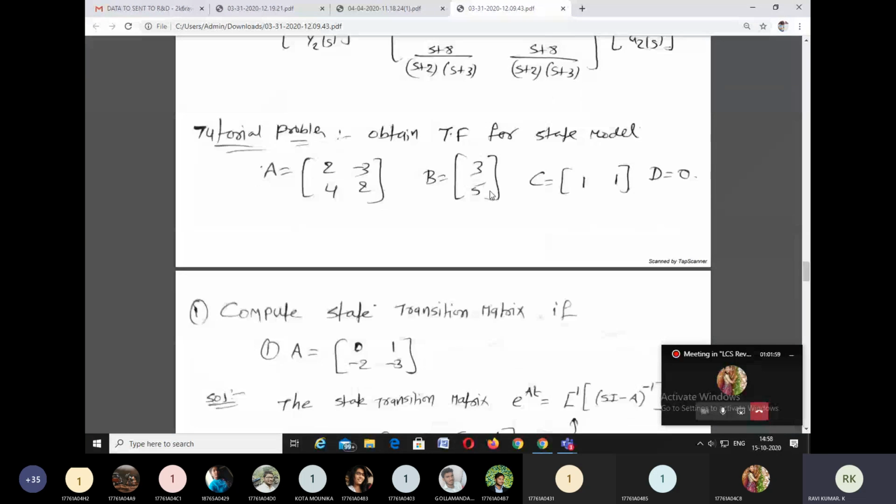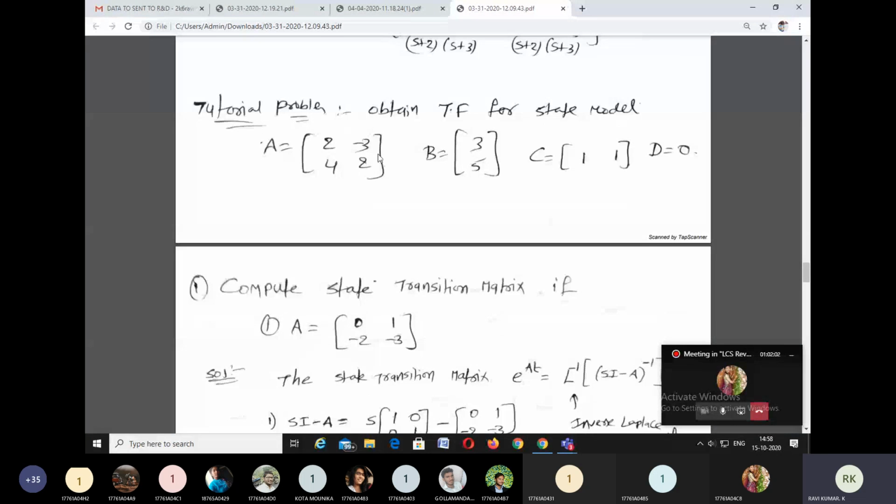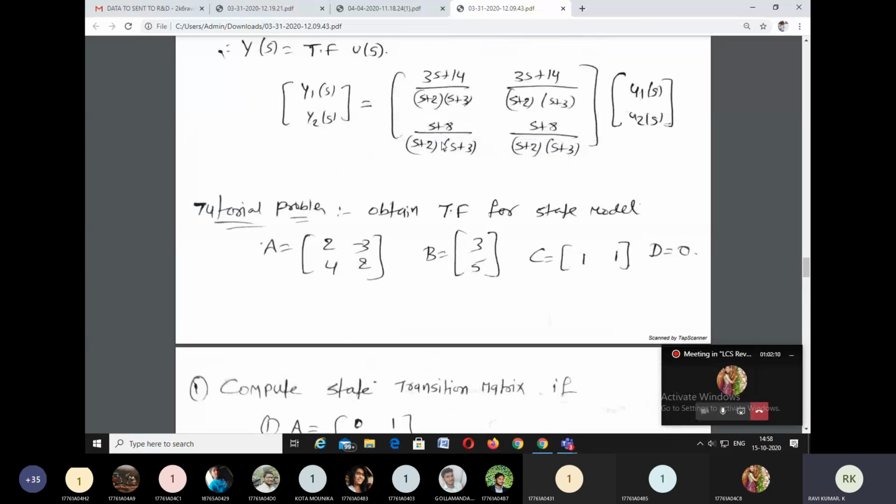Similarly here, second problem for your tutorial, the A, B, C, D matrices are given. So by using the same formula, you have to derive the transfer function. So up to now what have we derived? How to write the state space model when the differential equation is given, and when the transfer function is given, how to write the state space model by using the direct decomposition technique we have seen.